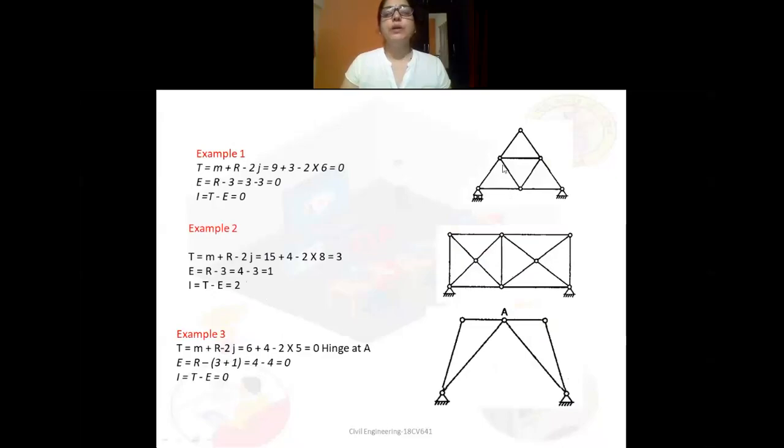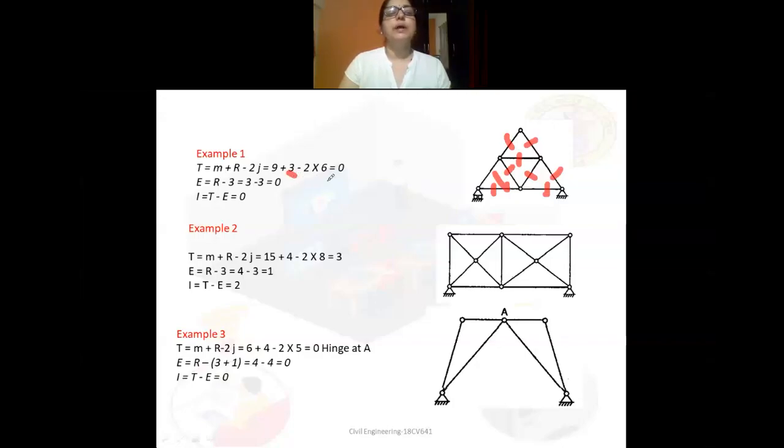So this is example 1 for a plane truss. What is the total indeterminacy? M plus R minus 2J. M is the number of members: 1, 2, 3, 4, 5, 6, 7, 8, 9. So 9 members. Plus reactions: roller we have 1 reaction, hinge we have 2 reactions, so altogether the number of reactions is equal to 3.